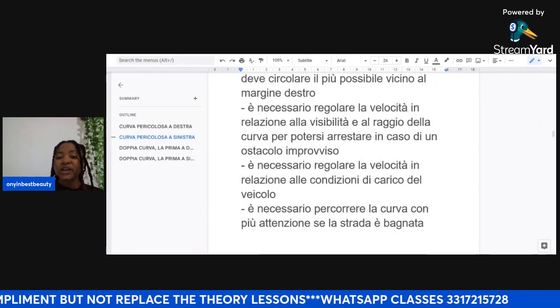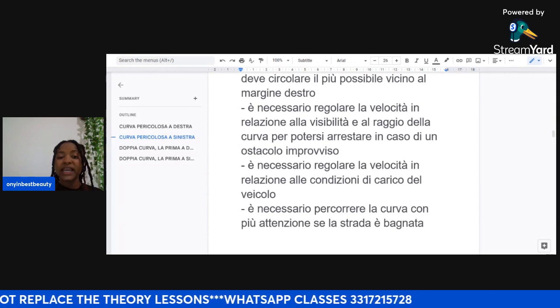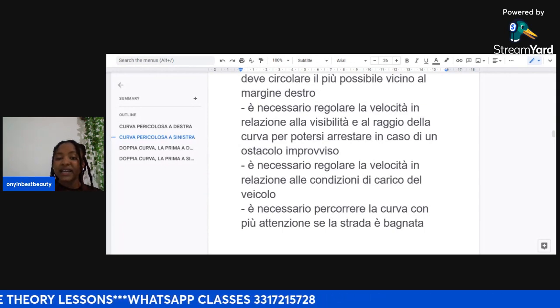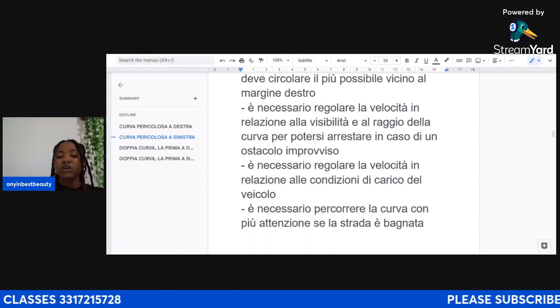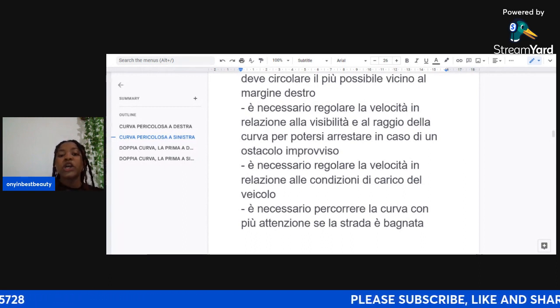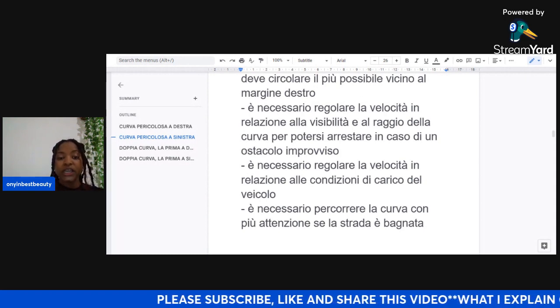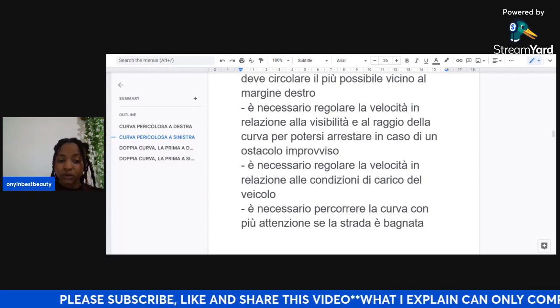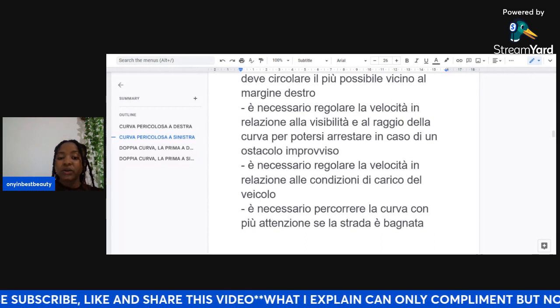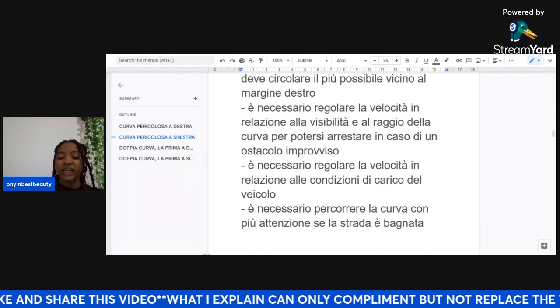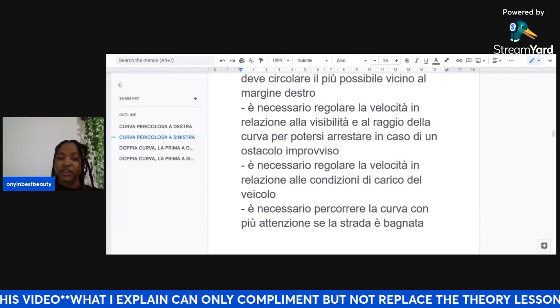È necessario regolare la velocità in relazione alla visibilità e al raggio della curva per potersi arrestare in caso di ostacolo improvviso. It is necessary to regulate your speed and be ready to stop in case of a sudden obstacle. È necessario regolare la velocità in relazione alla condizione di carico dei veicoli.